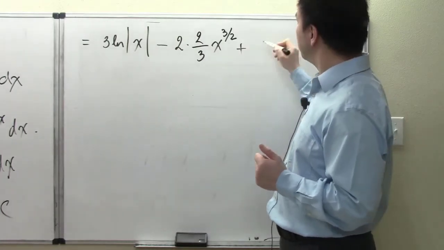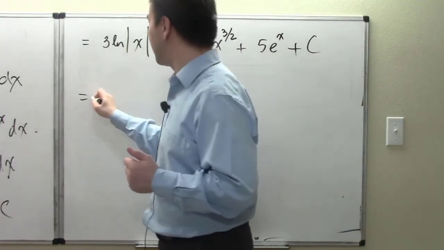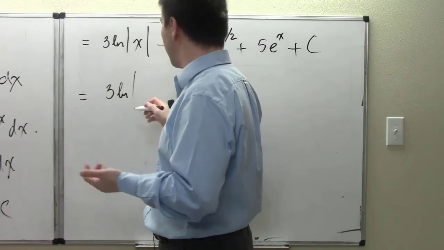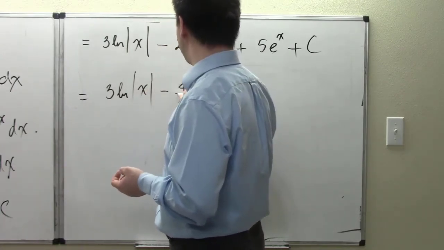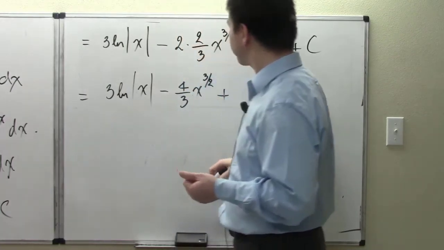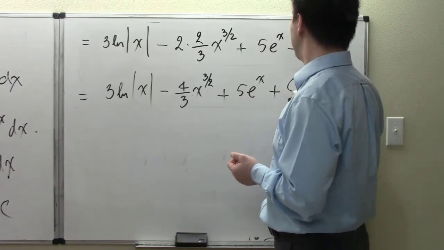So plus 5 e to the x plus c, and so the very final general antiderivative is 3 natural log of absolute value x minus 4/3 x to the 3/2 plus 5 e to the x plus c.